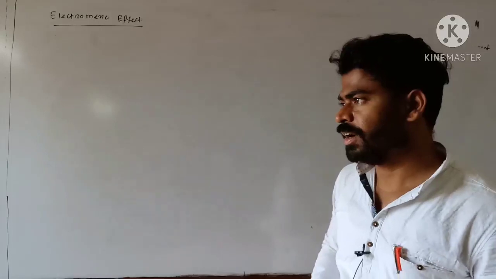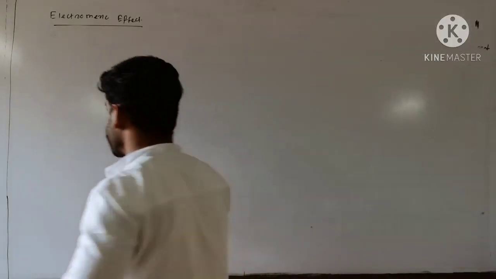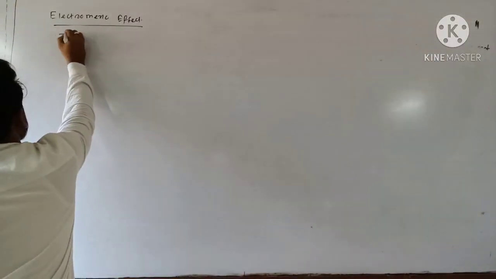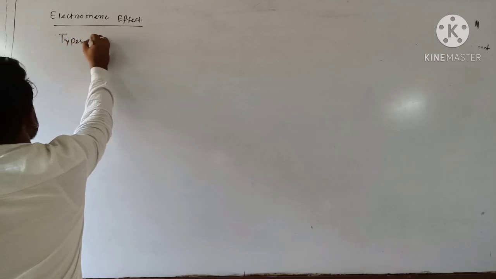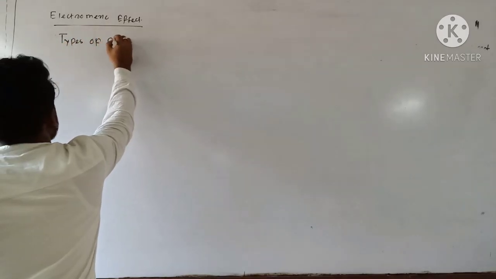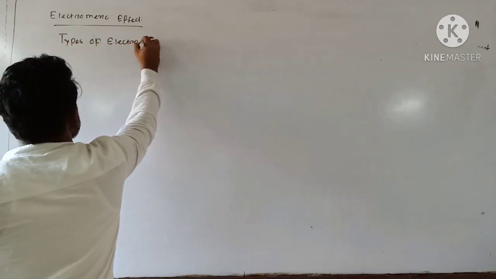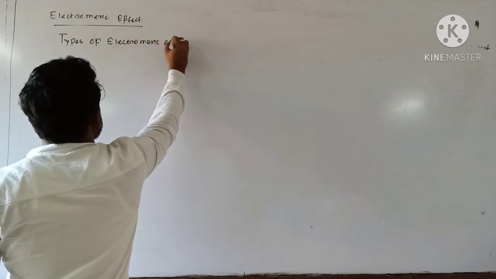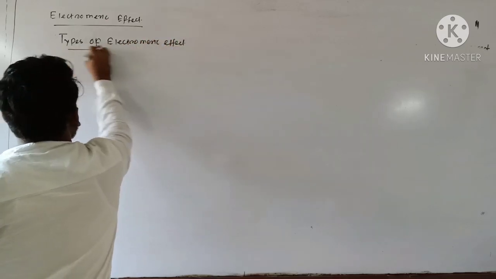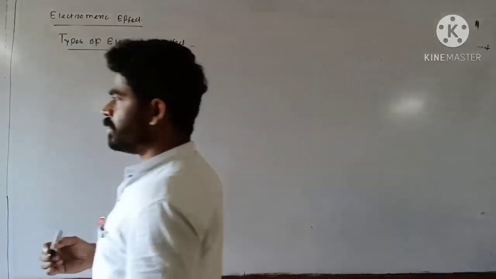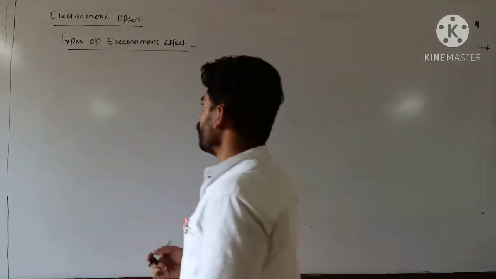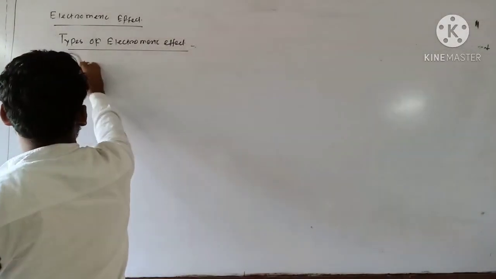Next we will discuss types of electromeric effect. Students, it is basically of two types. First one is plus E effect.